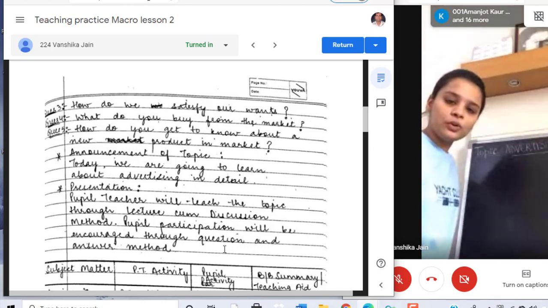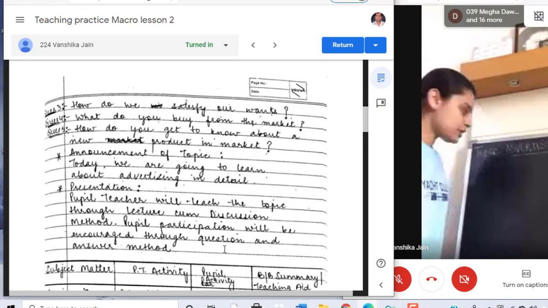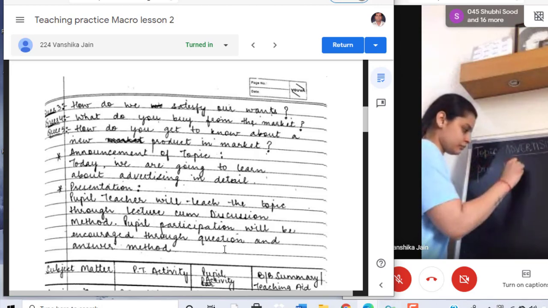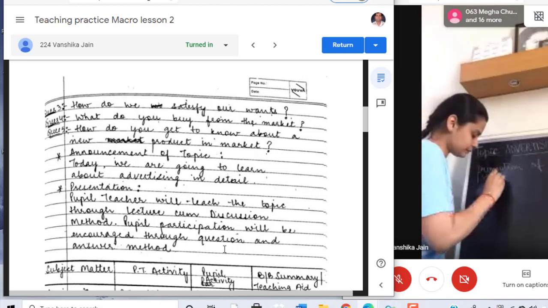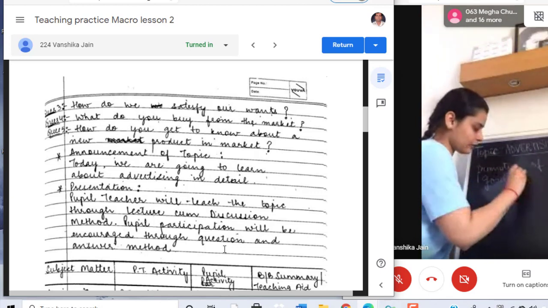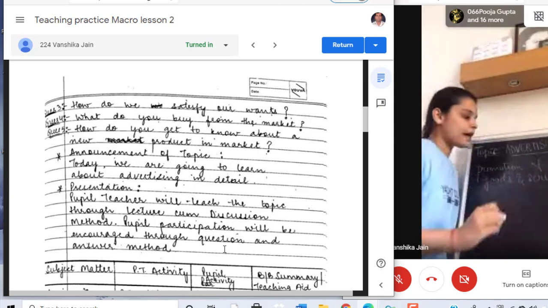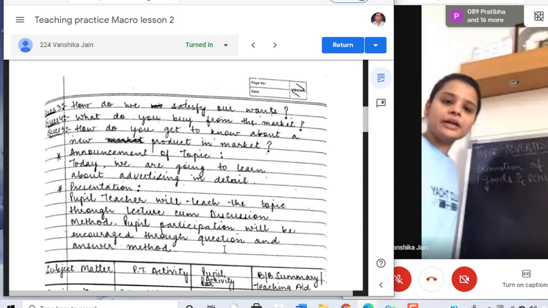Advertising is a tool, basically a promotional tool which helps in promotion of goods and services through mass media like newspaper, television, etc. It is an impersonal form of communication.